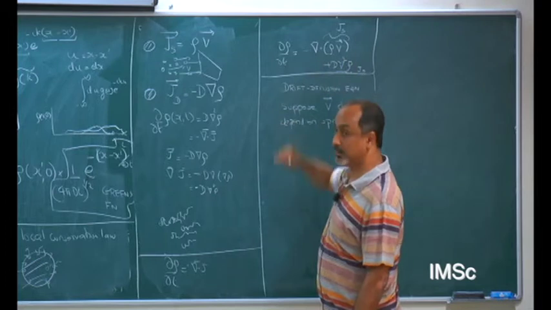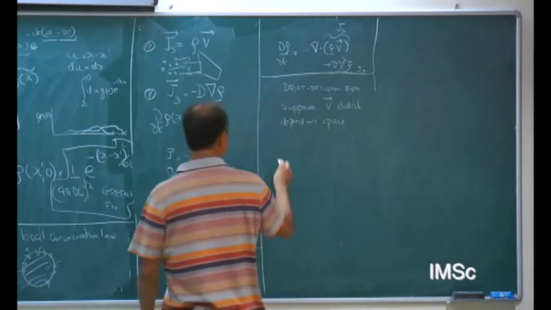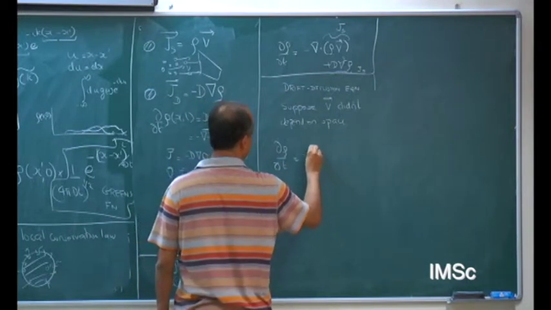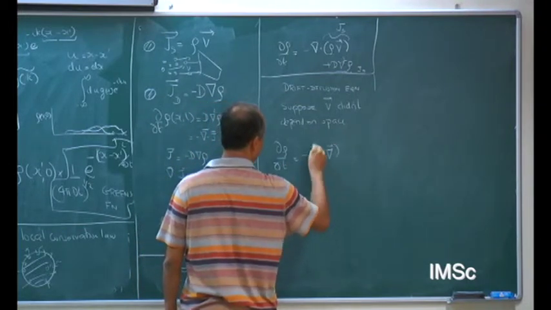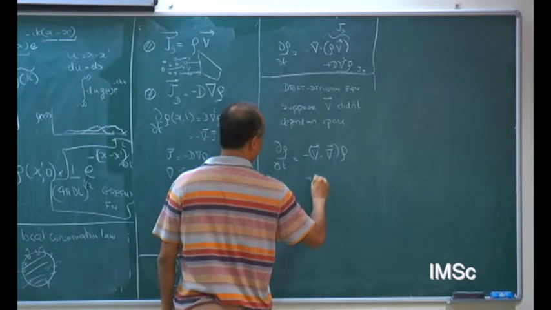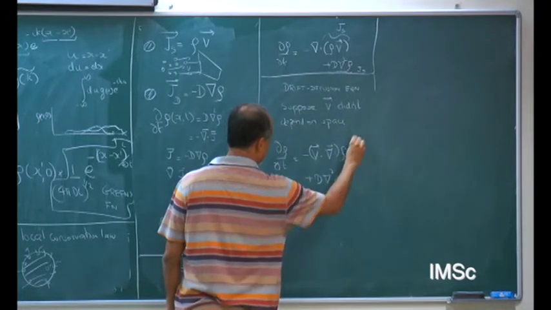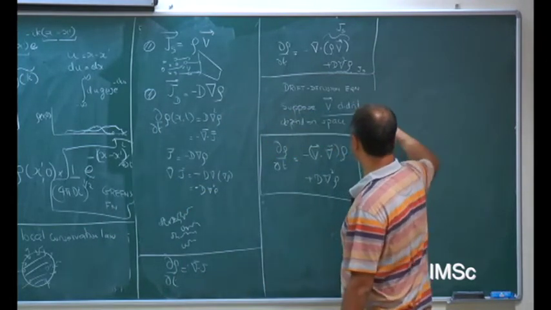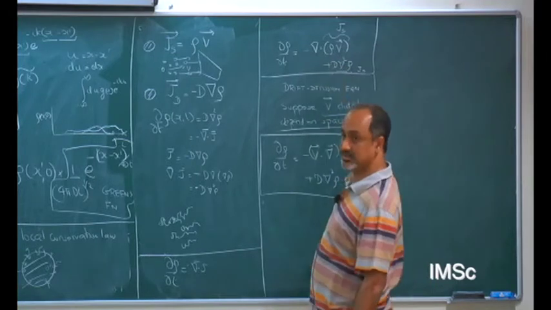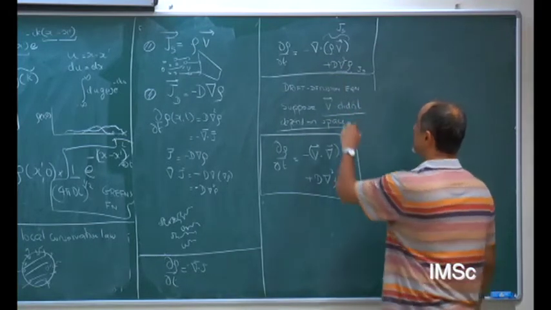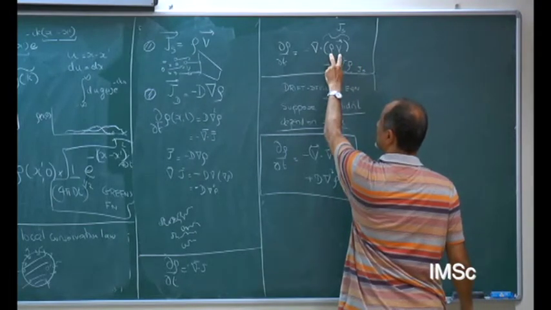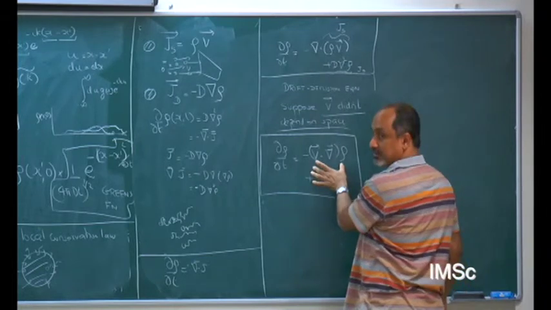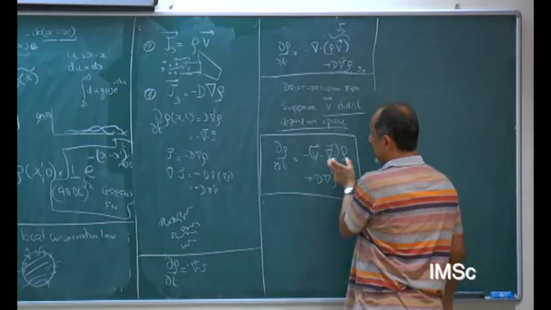So I can pull this factor out here and write delta rho by delta t is minus V dot the gradient acting upon rho plus D del squared acting upon rho. This is true only if V doesn't depend upon space. Otherwise, the more general expression is always true. What I have done is take the V out, and del dot rho times V, this is del dot scalar times a vector, that can be written in this particular form as V is constant: V dot the gradient acting upon rho.